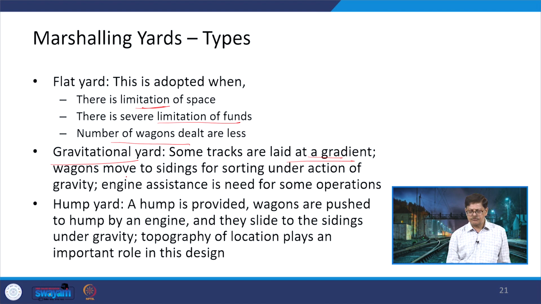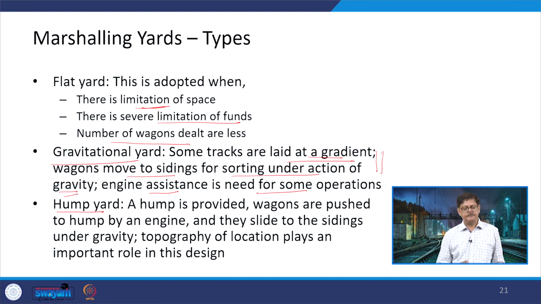The wagons move to sidings for sorting under the action of gravity, and engine assistance is required only in some of the operations, not all. As soon as a wagon comes onto the gradient, it will start moving by itself. But for stopping, arrangements are made, and those can be done with the help of gradients again.